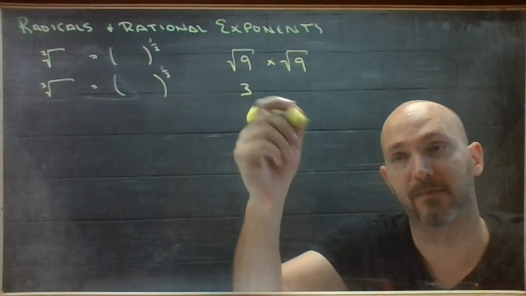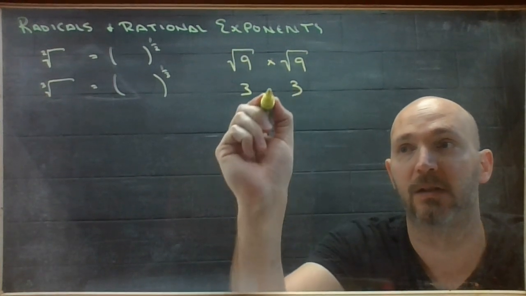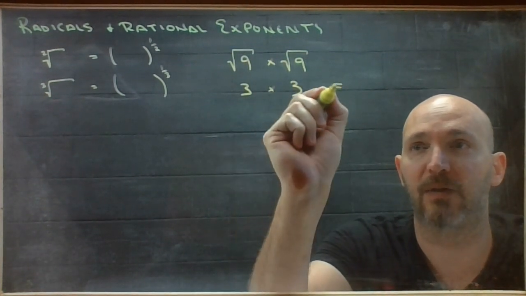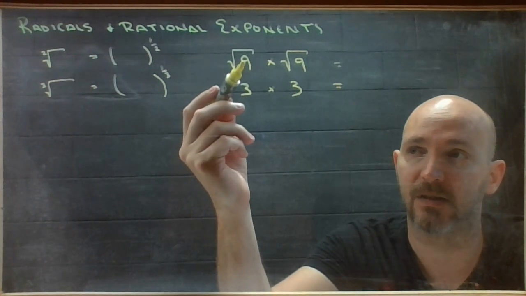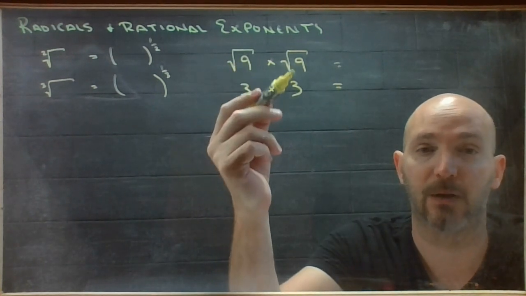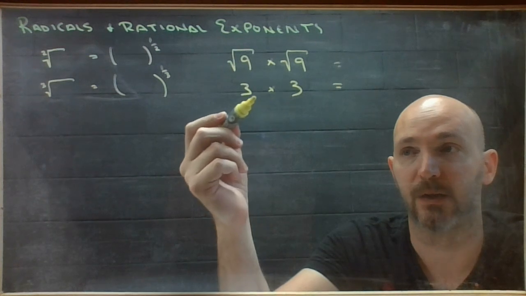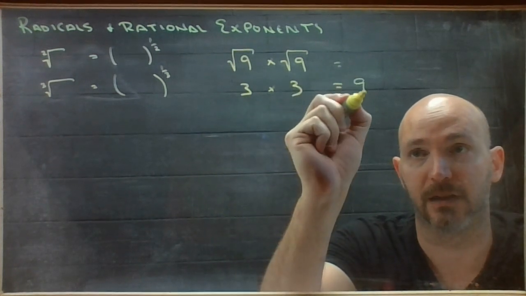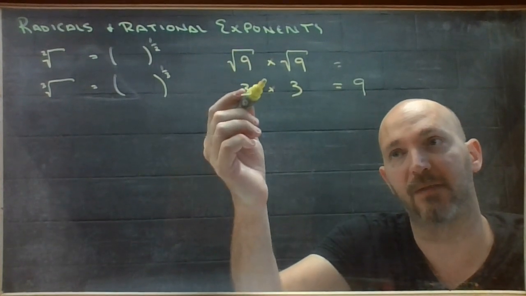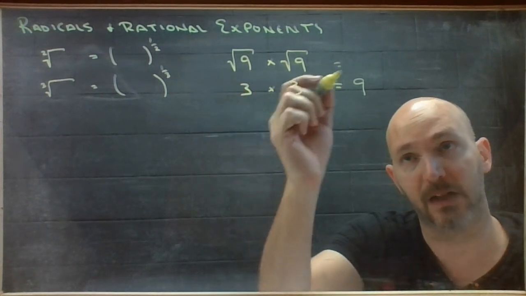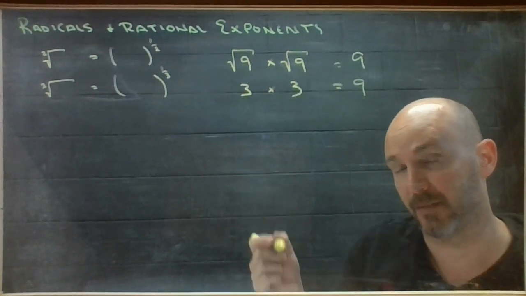Well, that's just 3. So if you look at these two lines, the square root of 9 is 3. Square root of 9 is 3. I know that 3 times 3 is 9, so the square root of 9 multiplied by the square root of 9 should also give me 9.